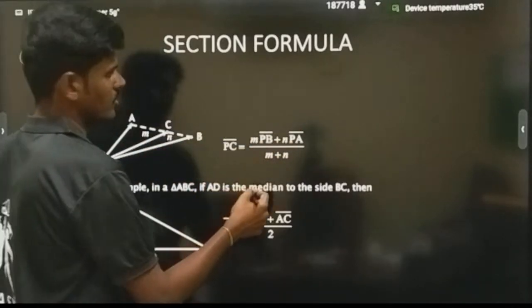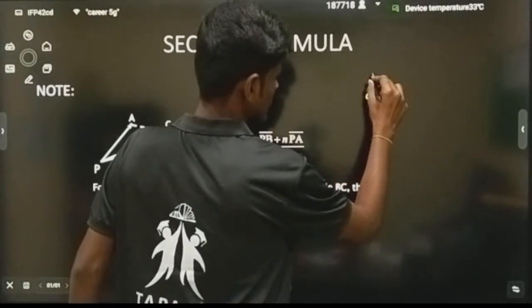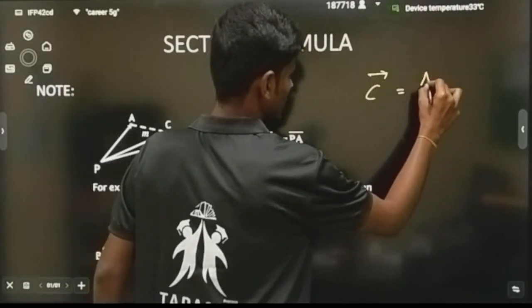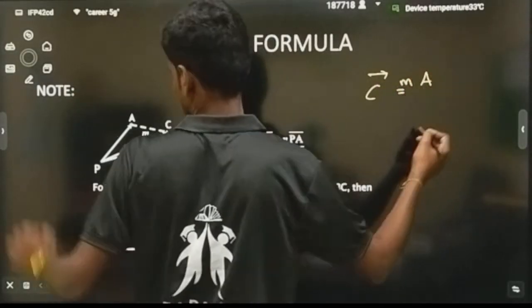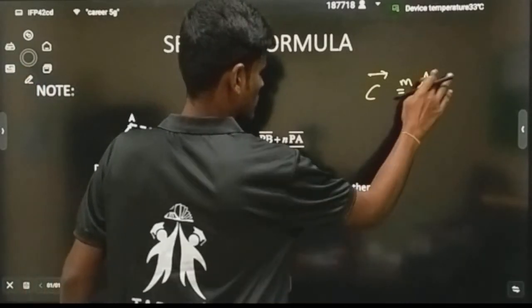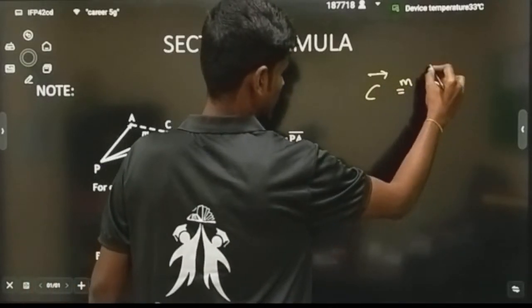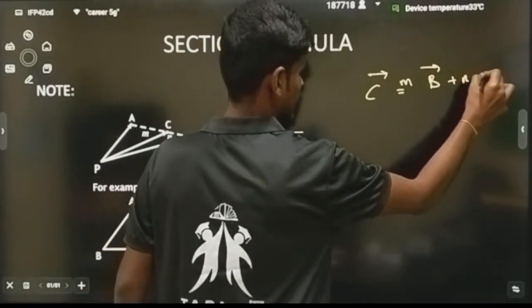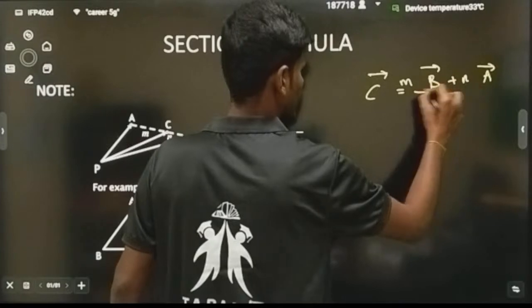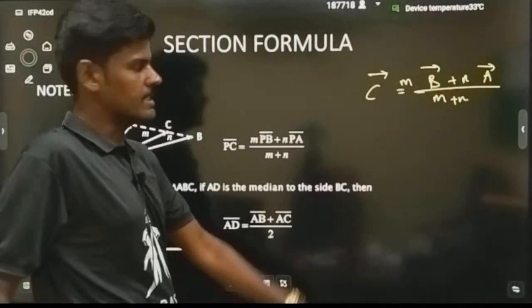C vector is equal to M into B vector plus N into A vector by M plus N. Write the formula as it is.